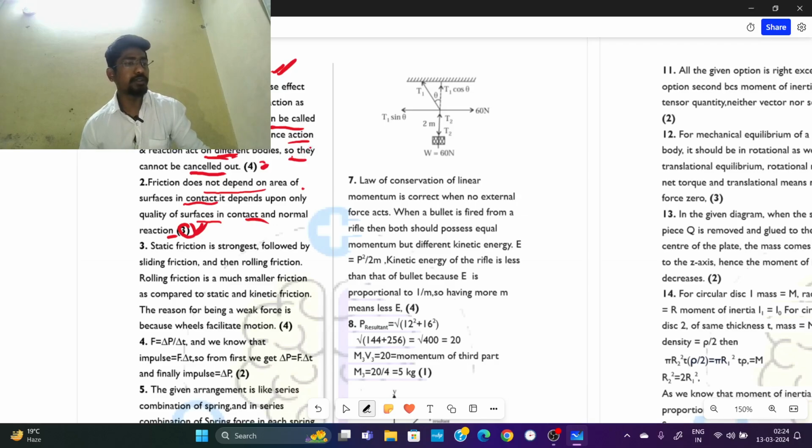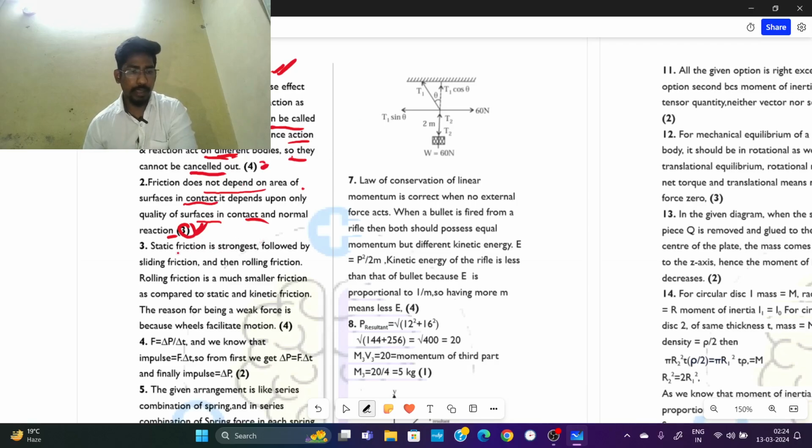The next question is also from the friction chapter. The question states that the coefficient of static friction, the coefficient of kinetic friction, and the coefficient of rolling friction are given. So what is the relation between these three, right?